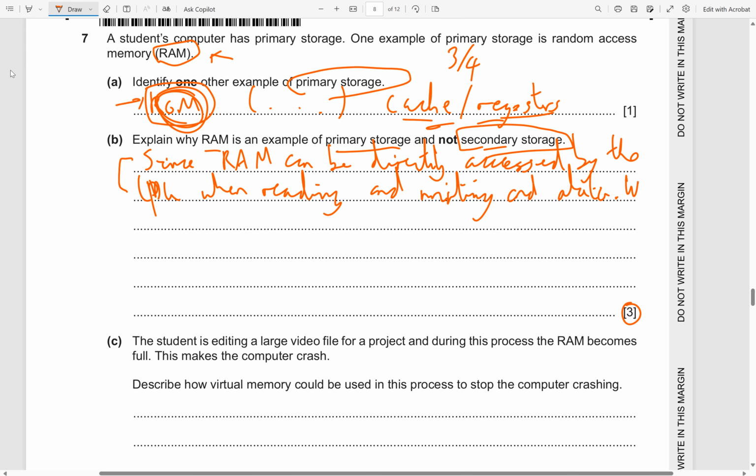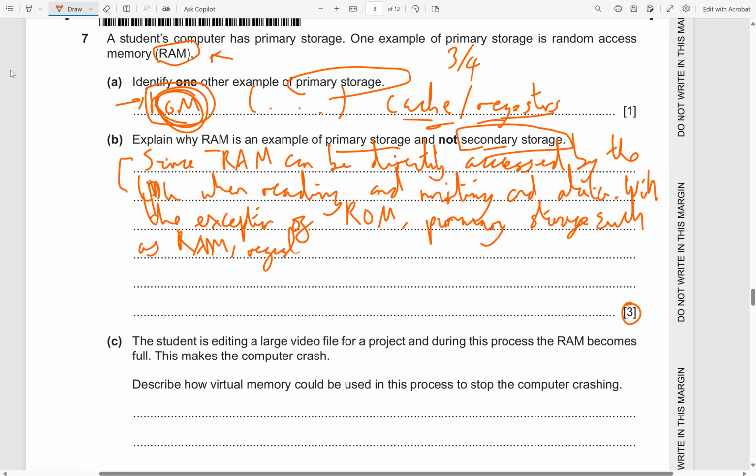So let's write that, with the exception of ROM, primary storage, such as RAM, registers and cache, are volatile.